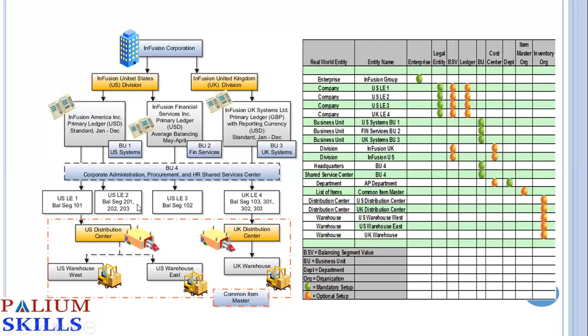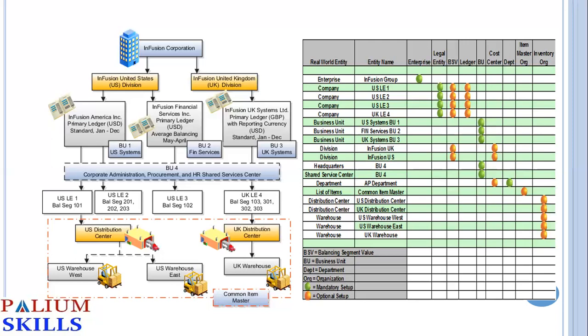Here the company segment is 201, 202, 203. So when you generate the accounting code for US legal entity 1, all account codes should start with 101. In case of legal entity 2, all of them will start with 201, 202, 203, and so on.